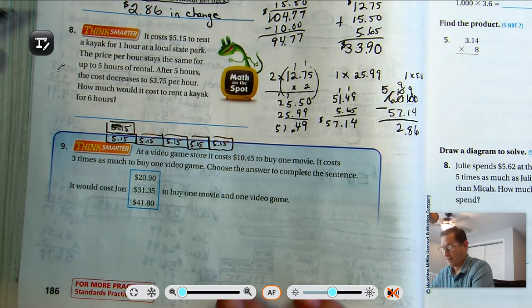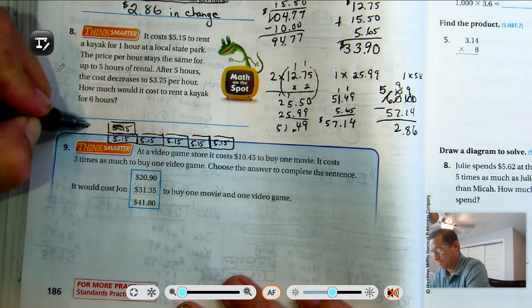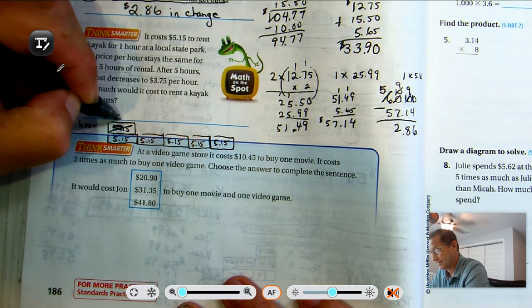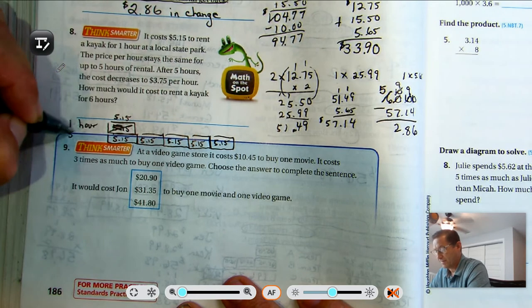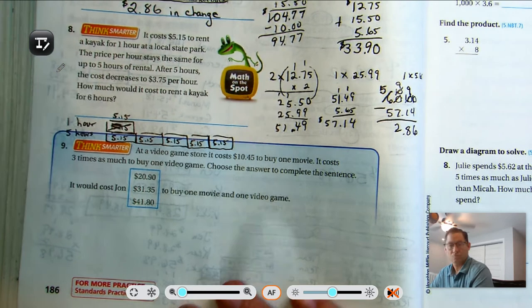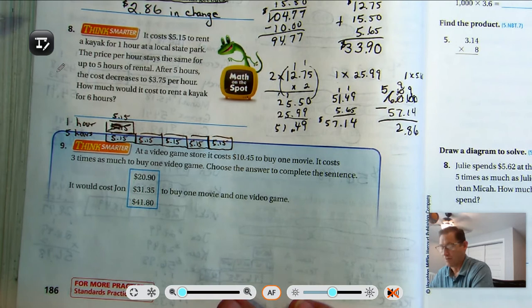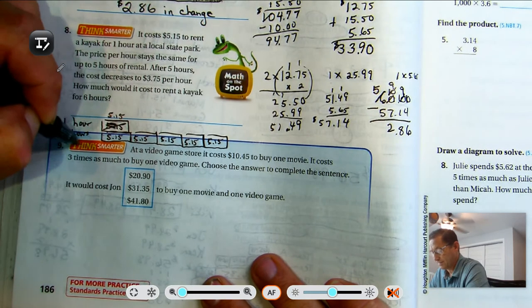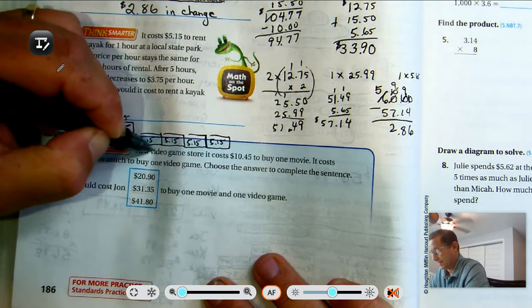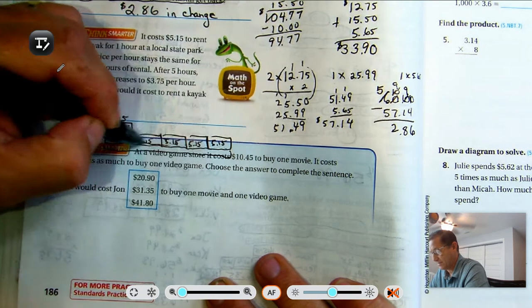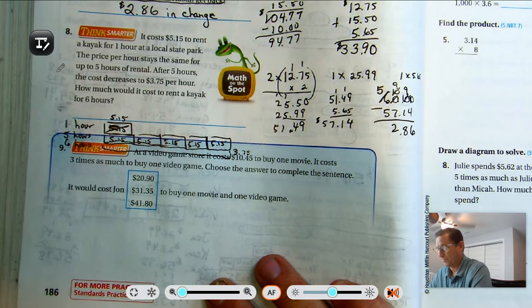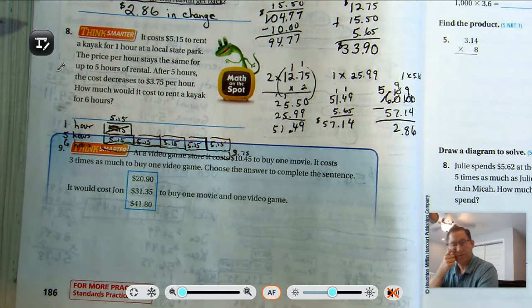And then for 6 hours, so 1 hour, $5.15. 5 hours would be $5.15 for every hour. And then for 6 hours, it would be that same amount plus $3.75. So how much would it cost to rent for 6 hours?